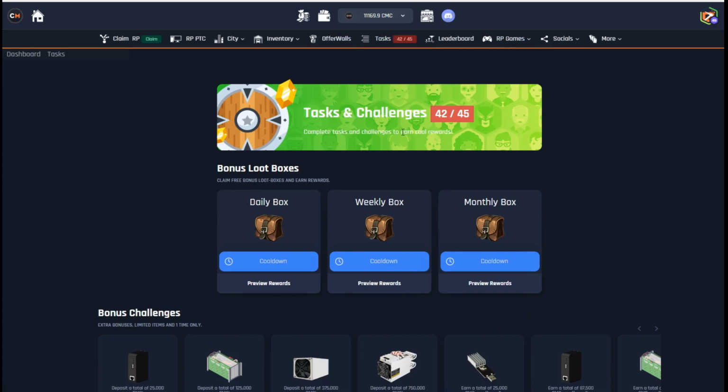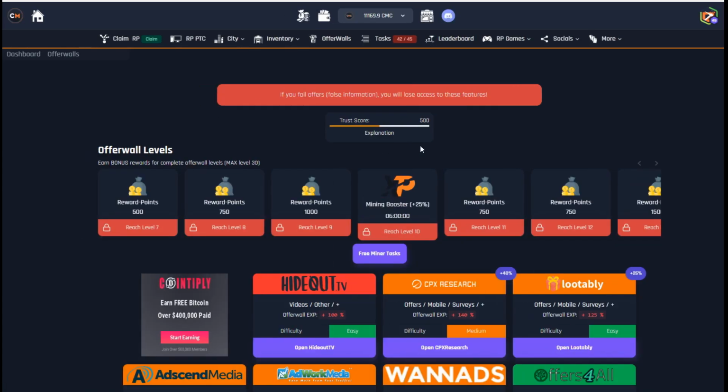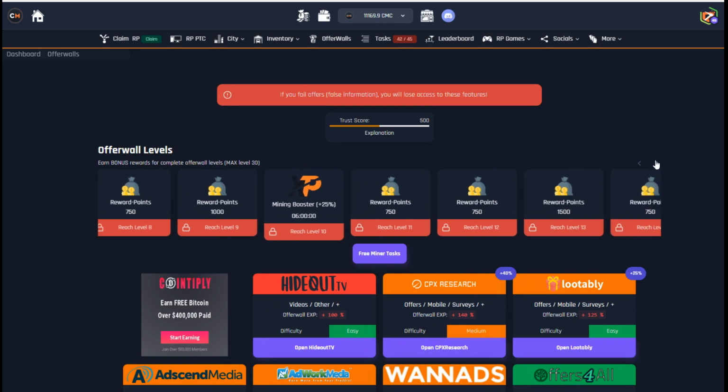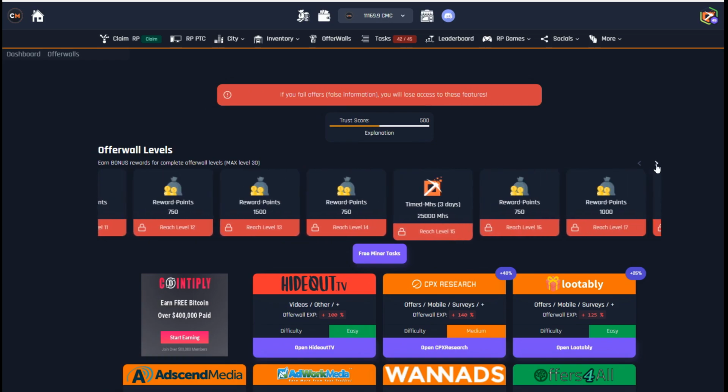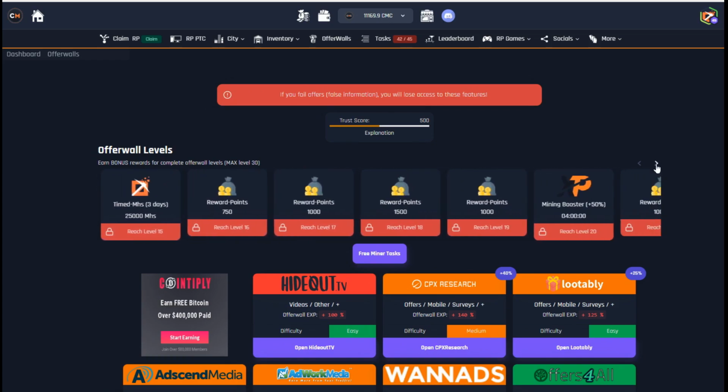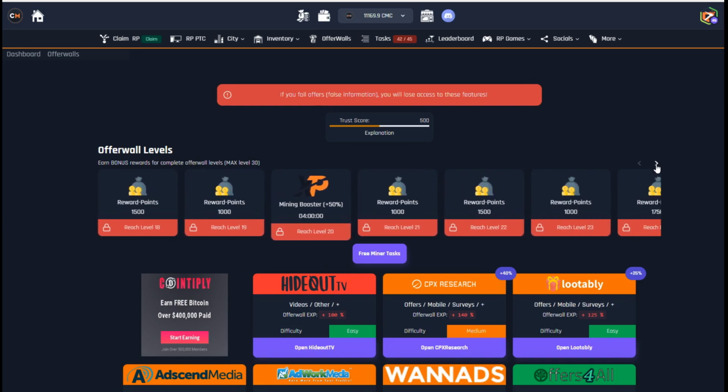And then if we go into the offer walls here, you've got this where you can earn reward points. You can earn mining boosts. I think you got possibly some free, maybe not on this one. That's all reward points, timed mega hashes and rewards.